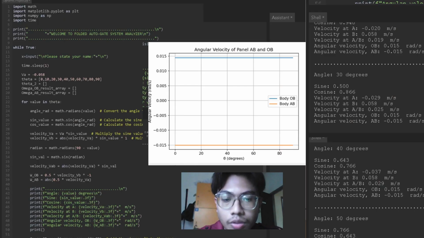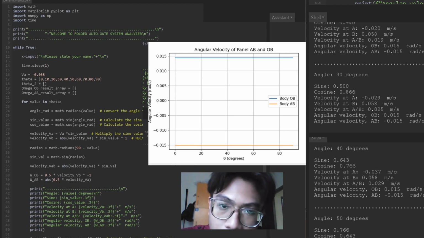Hi and Assalamualaikum warahmatullahi wabarakatuh. My name is Muhammad Irfan bin Isma Faridi and my matrix ID is MA22003, and I'm going to be talking about the program for our project. In this project I use Python to construct our program.